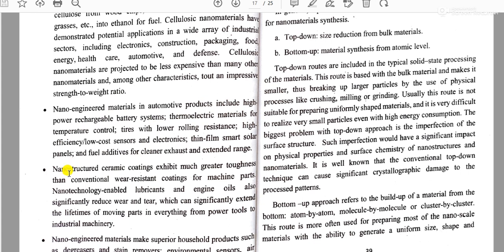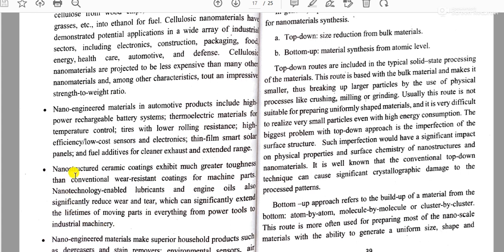Then you have nanostructured ceramic coatings. They exhibit much greater toughness than conventional wear resistant coatings for machine parts. The nanotechnology enabled lubricants and engine oils also significantly reduce wear and tear, which significantly extends the lifetimes of moving parts in everything from power tools to industrial machinery.